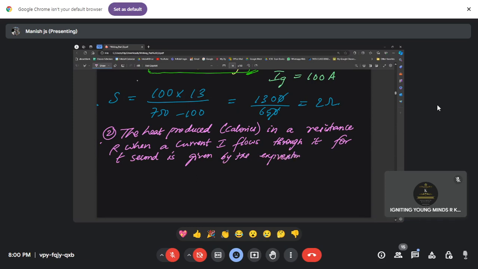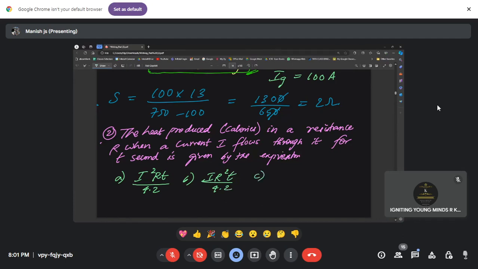So here there are different expressions which have been given as options. First option, I square RT upon 4.2. Option B, I R square into T upon 4.2.